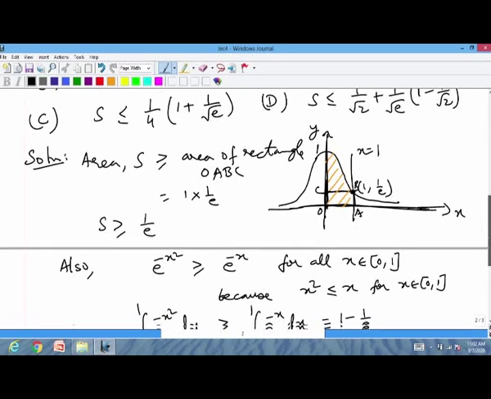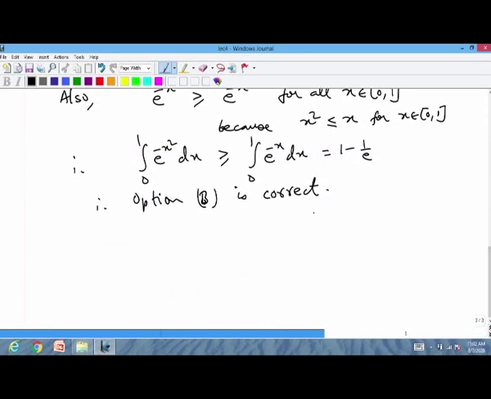So, if we draw this, this is 1, 0. If we look at the point 1 by root 2, then the area of this rectangle is 1 by root 2 times height 1. And what about this rectangle?